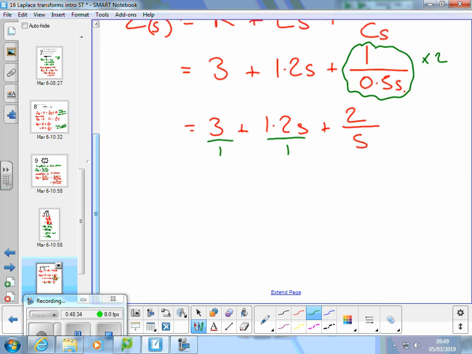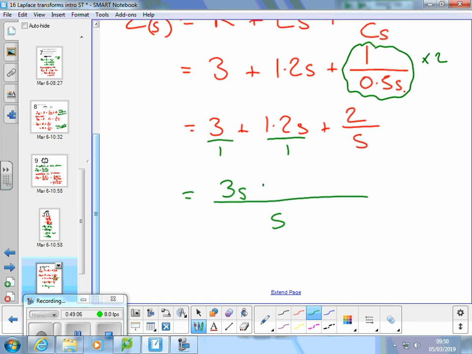So, we can say we want a common denominator of s. What do I do to that denominator to make it equal to s? Multiply by s. So if I multiply the bottom by s, I've got to multiply the top by s.